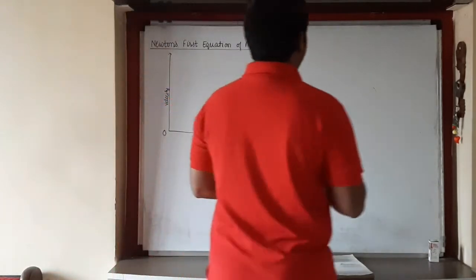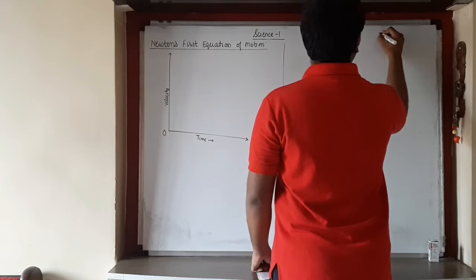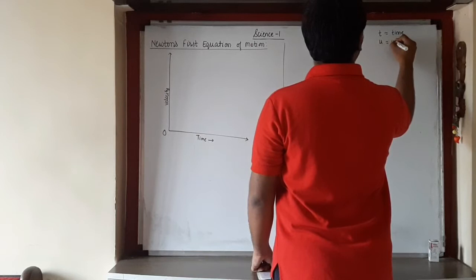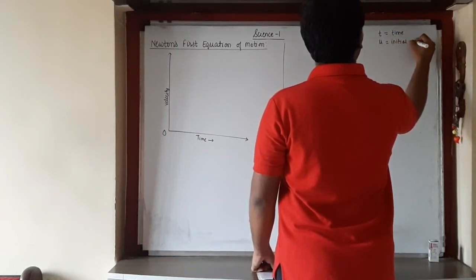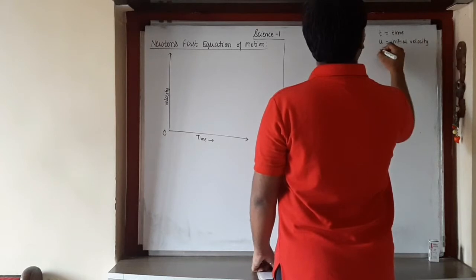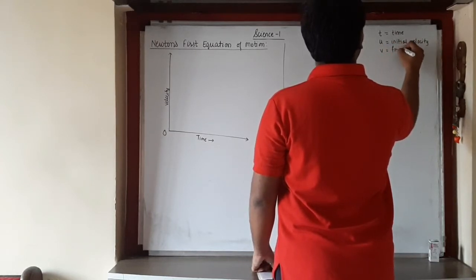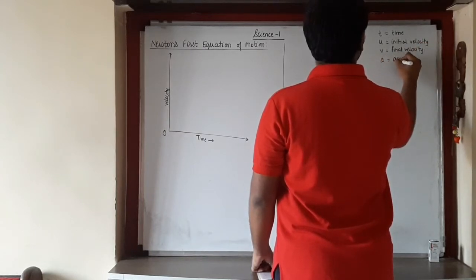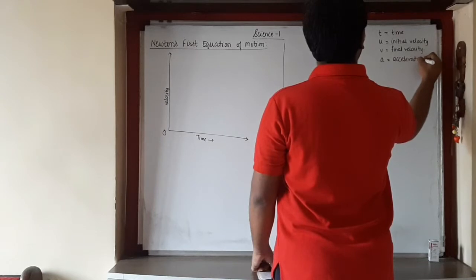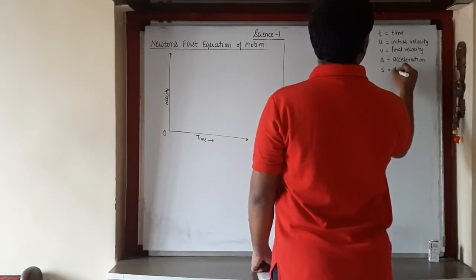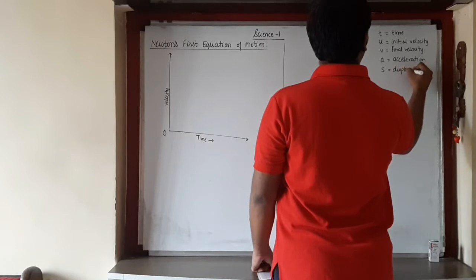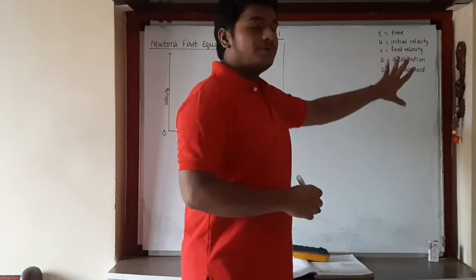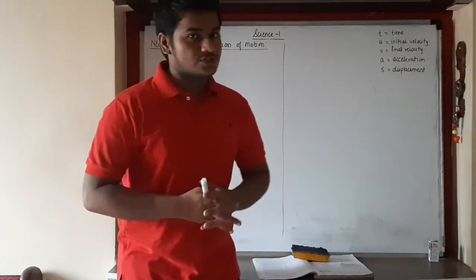The terms used in Newton's equations are, first of all, T indicates time, U indicates initial velocity of an object, V indicates final velocity of an object, A indicates its acceleration, S indicates displacement of an object. So these are the familiar symbols used in Newton's equations of motion.